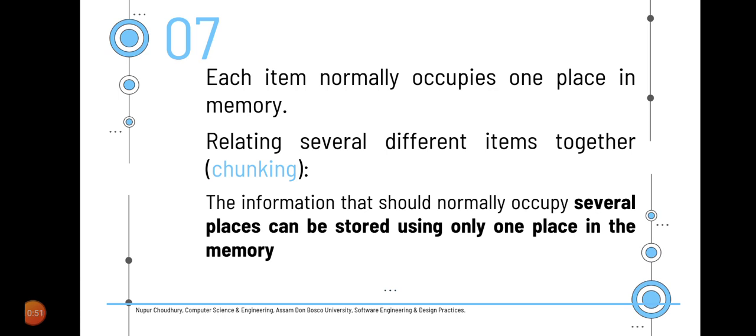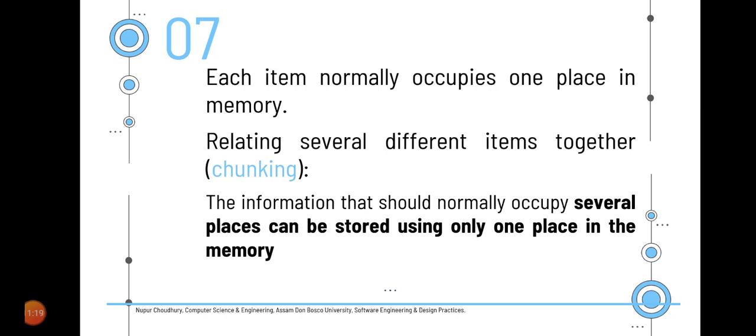So each item normally occupies one place in the memory. But if you can relate these different items together, which is known as the chunking process, it becomes relatively easier in terms of the memory that is being put into use.